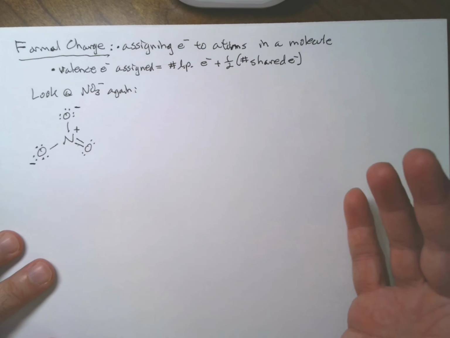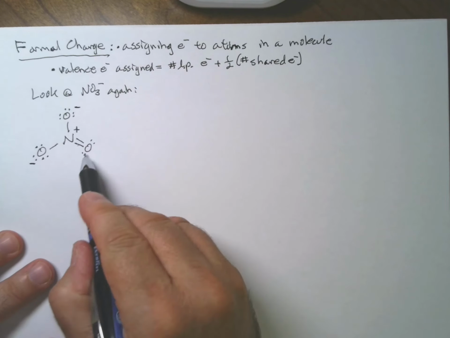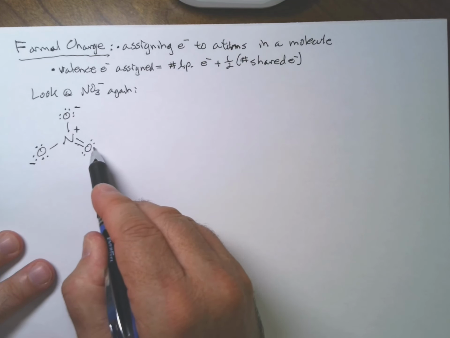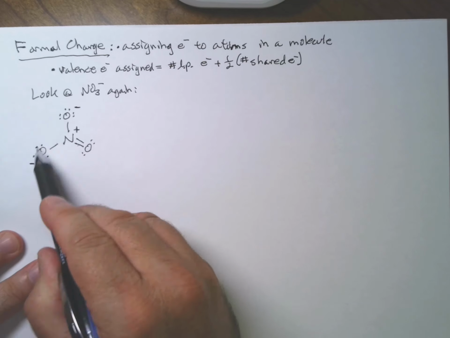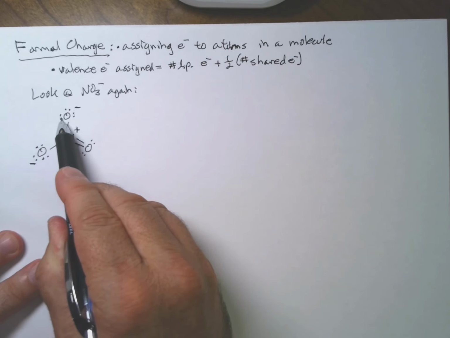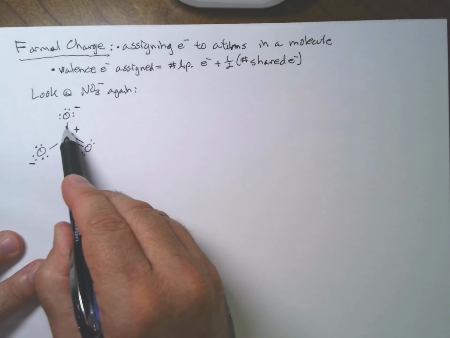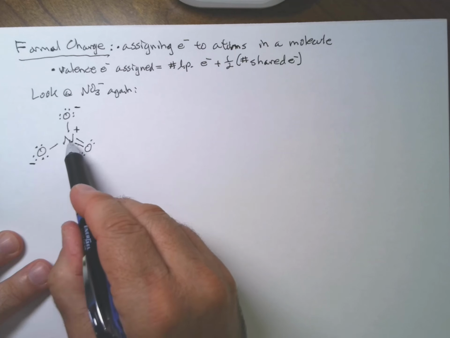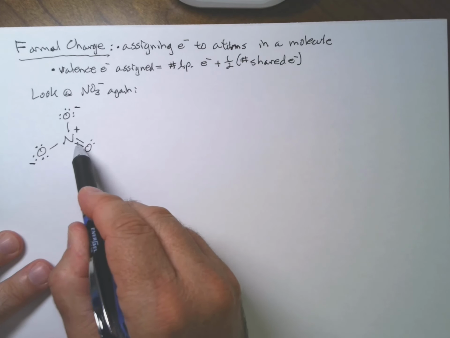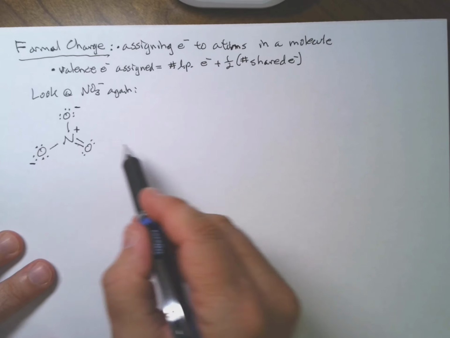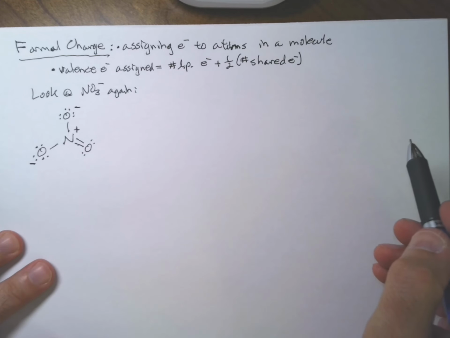So just to go over it again, this oxygen has 1, 2, 3, 4, 5, 6, and it should have 6, so that's 0. These oxygens have 1, 2, 3, 4, 5, 6, 7. They should have 6, that's an extra, so minus charge. And then the nitrogen in the middle has 1, 2, 3, 4, and it should have 5, so it's 1 short, so that's a positive charge.